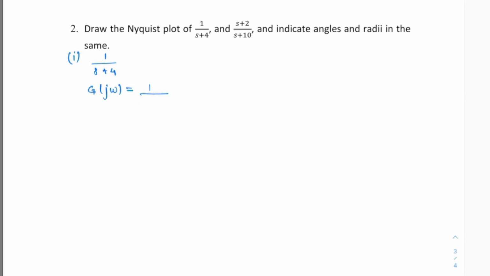So I'll just substitute j omega instead of s, and let's multiply and divide by 4 minus j omega so that we do not have the j term in the denominator. Now that we have this, let's take the magnitude.